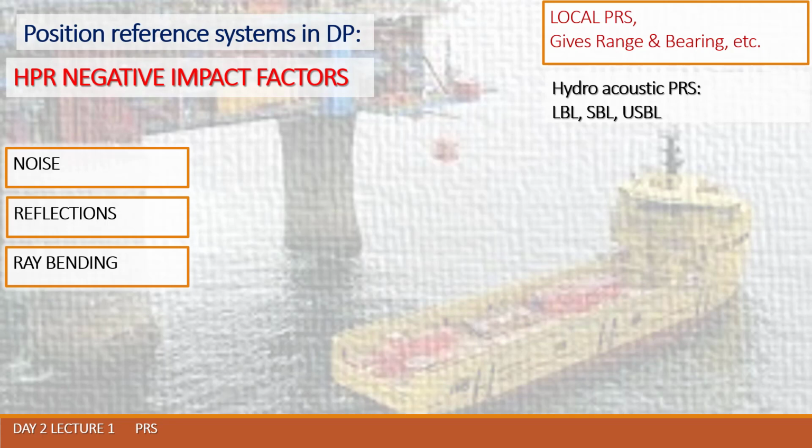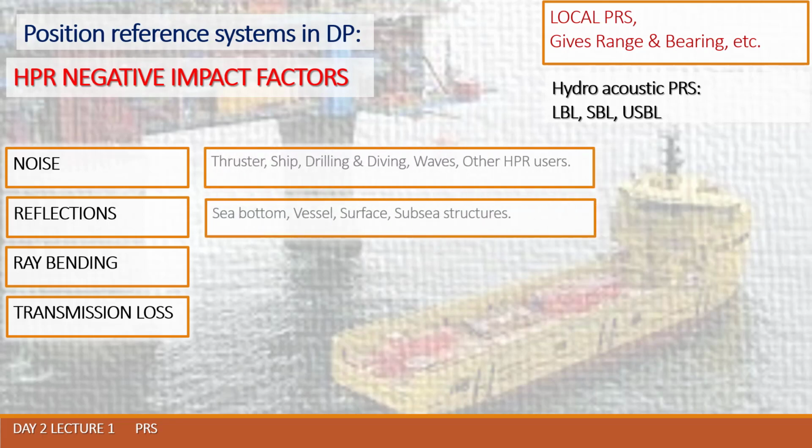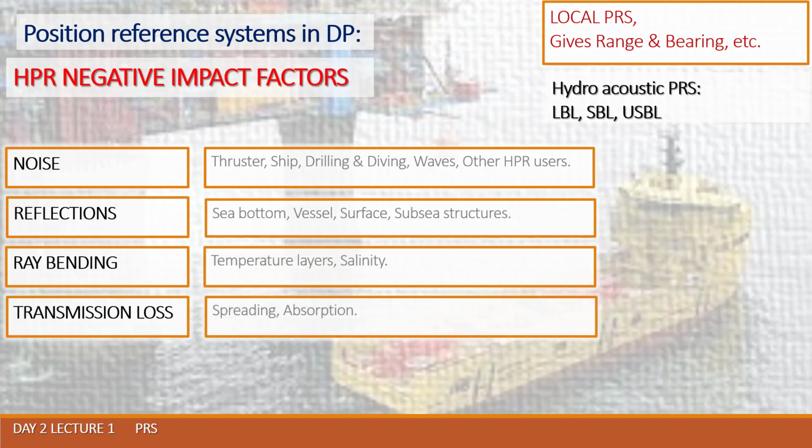Ray bending, which may appear due to temperature layers through which the signal goes, and salinity, which is different at different water depths. Transmission loss, which is accompanied by spreading and absorption of the signal. Those listed factors may reduce the quality of the signal produced and accepted by HPR equipment, and that should be taken into account by the DP operator.